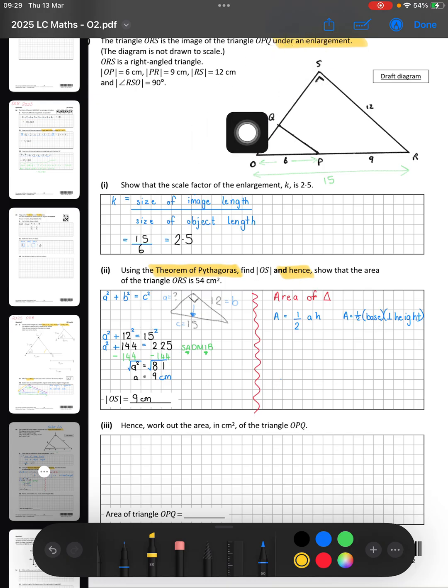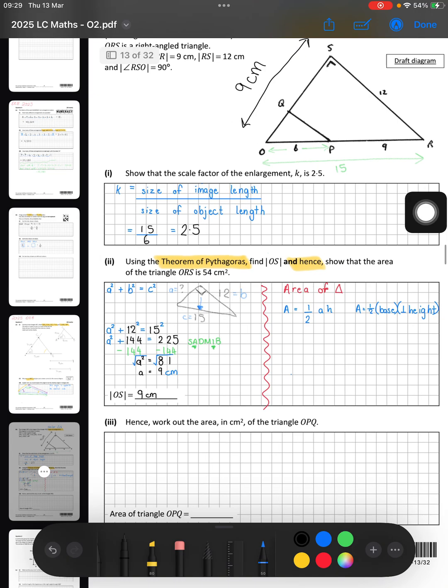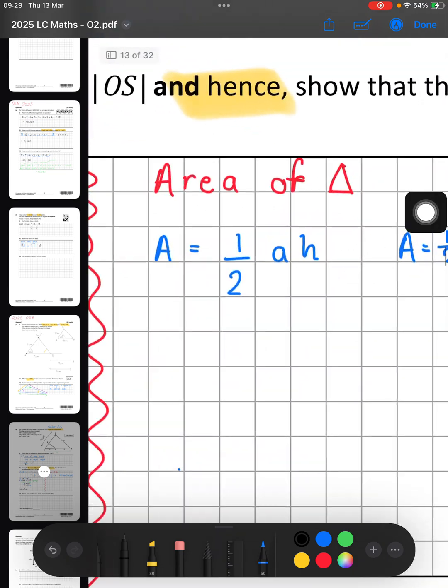You have to do it. It's not 'hence or otherwise'. You have to use the fact that this distance here is 9 centimetres, and that side has a perpendicular height of 12 centimetres. So those are the two sides I'm going to be using, the 9 and 12. I'm going to sub them into this formula.